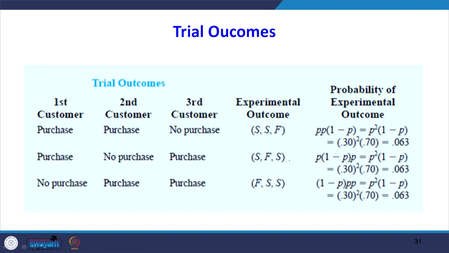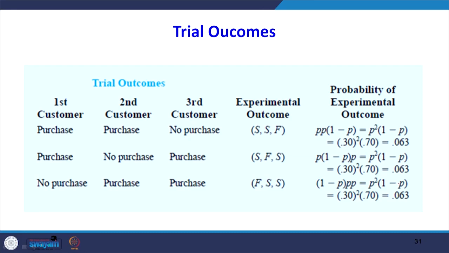For the second possibility also, first success P, failure 1 minus P, again success P. So P squared multiplied by 1 minus P, 0.3 squared times 0.7, 0.063. Then the third possibility, failure 1 minus P, success P, P. So P squared times 1 minus P, 0.063, 0.063, 0.063, right.